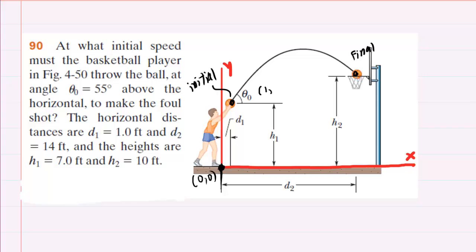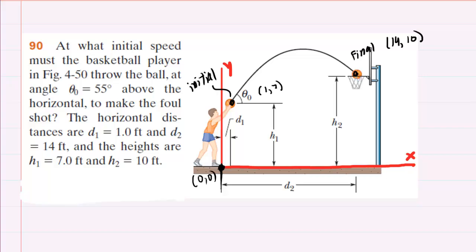And then the initial vertical component is whatever the height h1 is, and that's given as 7 feet. So 1 comma 7 would be your initial coordinate. We'll fill that info into the table shortly. And then the final coordinate would simply be the distance d2, which was given as 14 feet. That would be your final horizontal coordinate. And the final vertical coordinate would be h2, which is given as 10 feet. So it's really important to establish a good coordinate system, and that way you can label the initial coordinates and then the final if that information is given to you.